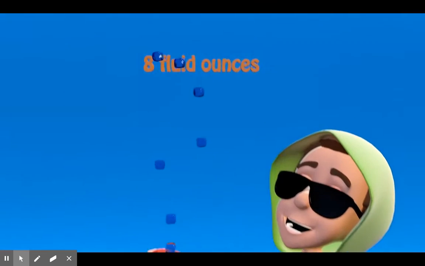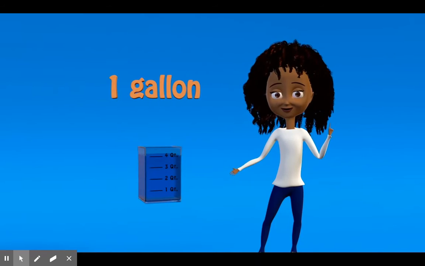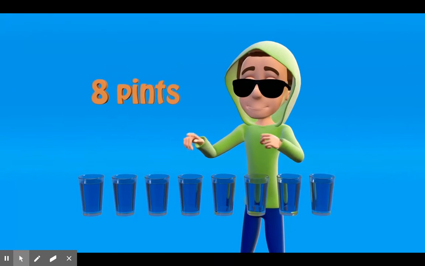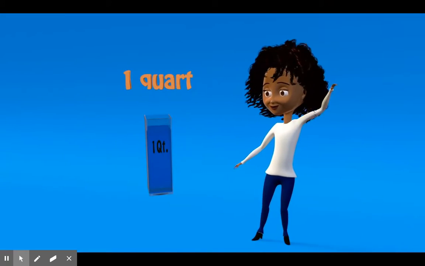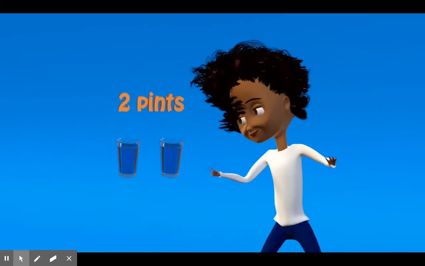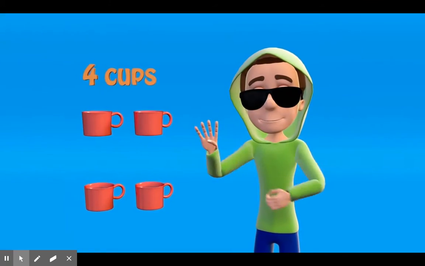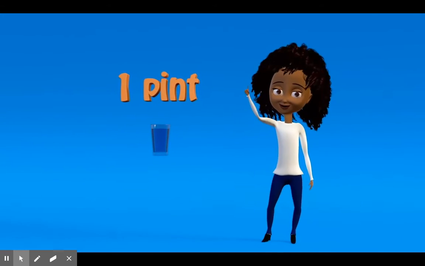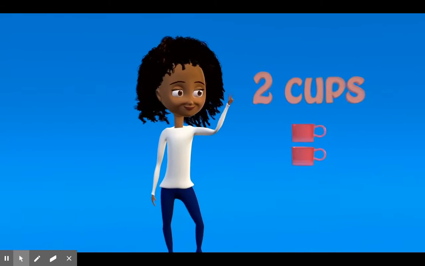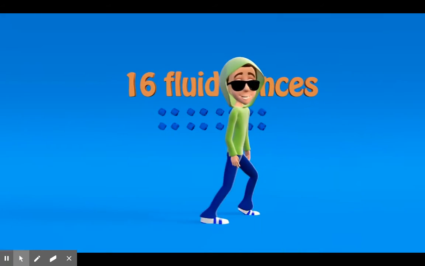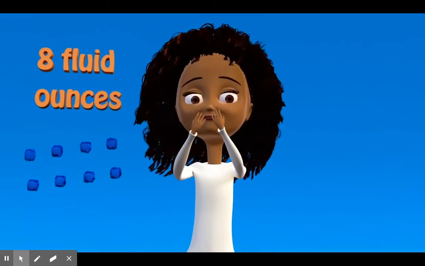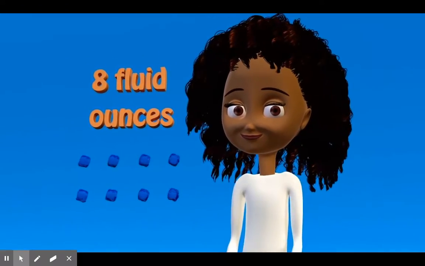And that cup will fit 8 fluid ounces inside of it. 1 gallon is 4 quarts, or 8 pints, or 16 cups. 1 quart is 2 pints, or 4 cups, or 32 fluid ounces. 1 pint is 2 cups, or 16 fluid ounces. 1 cup is 8 fluid ounces.